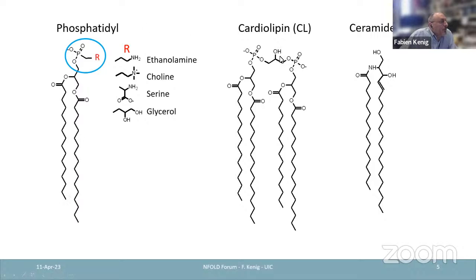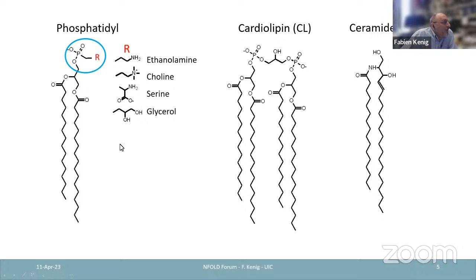We will also meet cardiolipin. It's also a phospholipid, but it has 4 legs, so it has a head that is wider, but has 4 substituents on it. And ceramide, which is not a phospholipid, with no phosphate in there, where you have an amide that links one of the substituents to what was originally a glycerol.